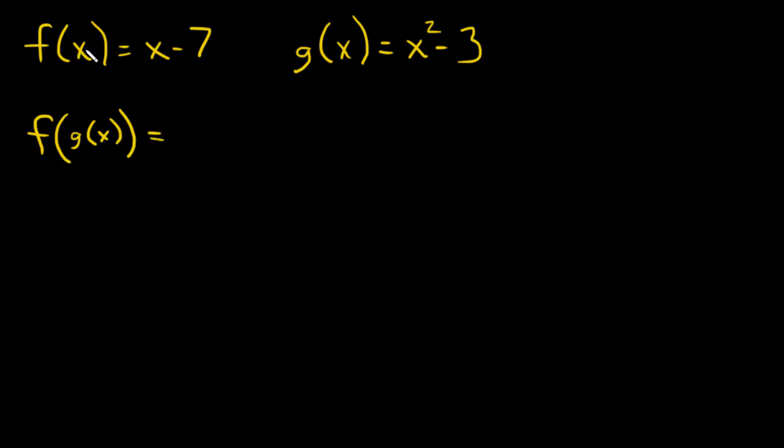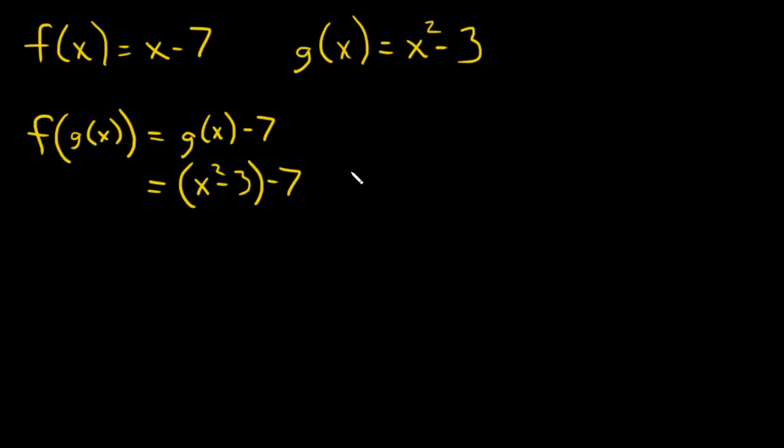Well, f of x is x minus 7, so f of g of x is going to be g of x minus 7. But what is g of x? Well, g of x is this x squared minus 3, so now I can substitute in x squared minus 3 for my g of x, and then just bring down the minus 7. Alrighty, since these two are the same, totally cool.